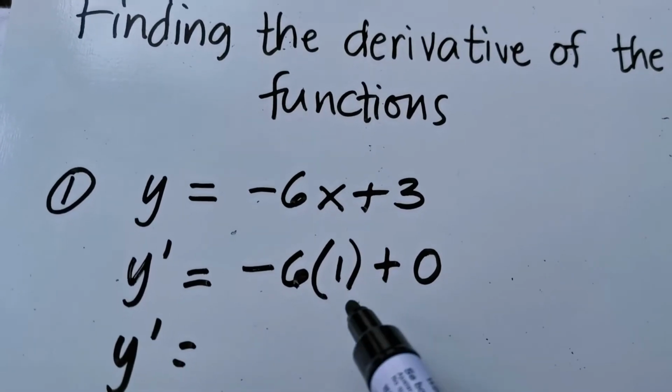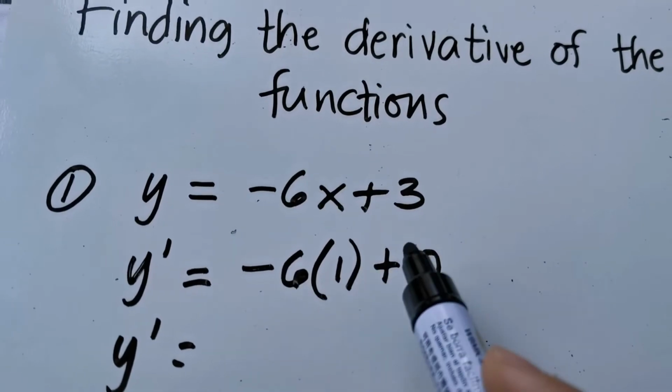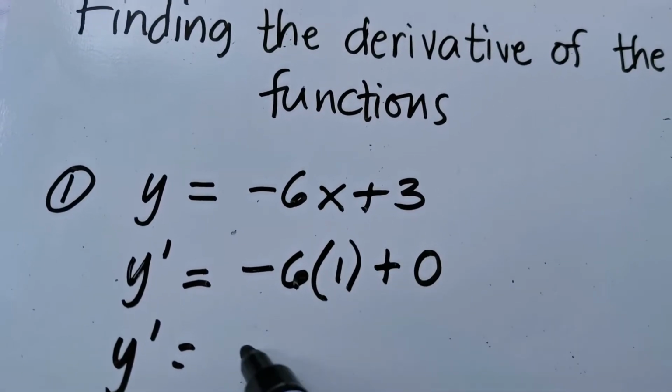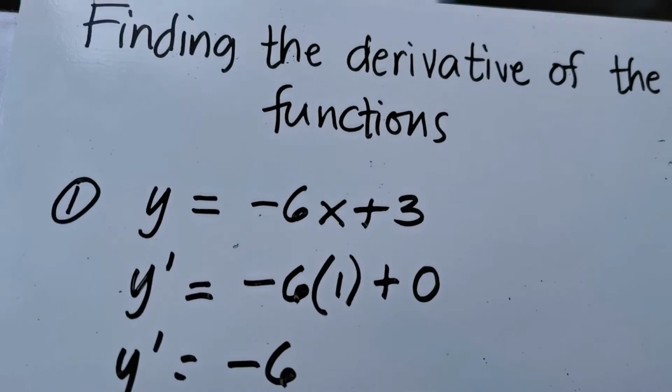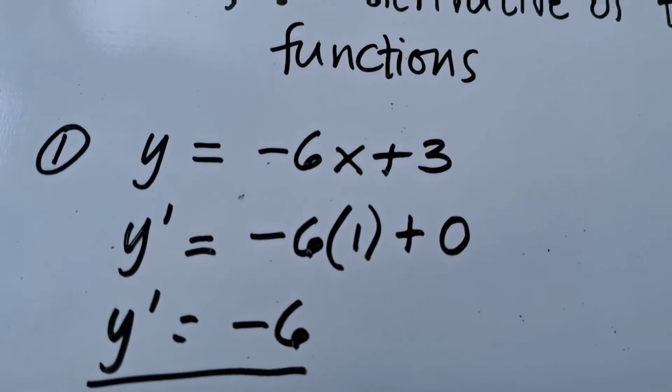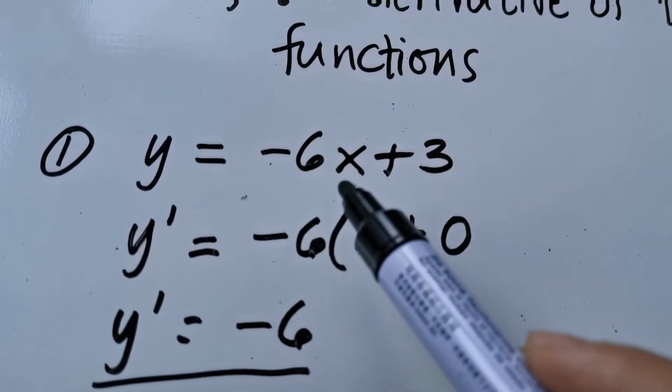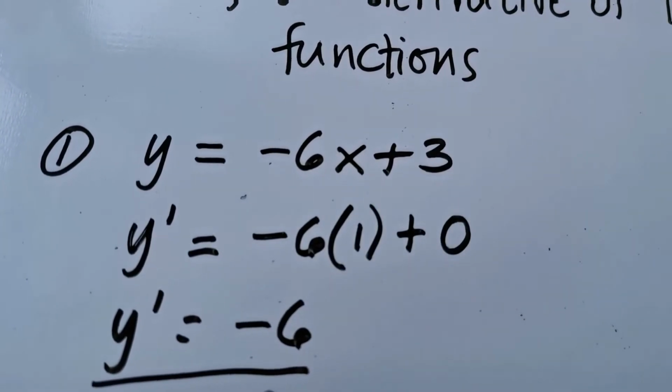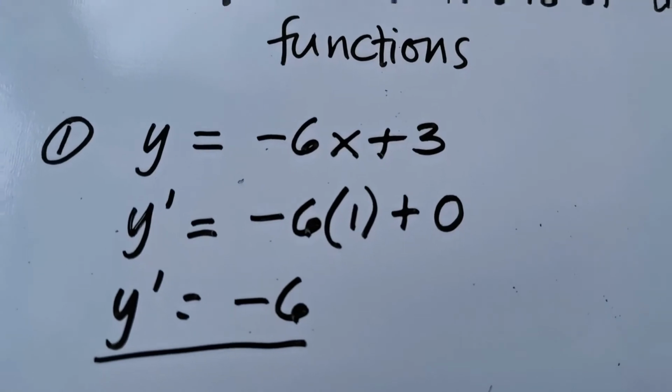Simplify, our final answer is negative 6 times 1 is negative 6. Therefore, the derivative of negative 6x plus 3 is negative 6.